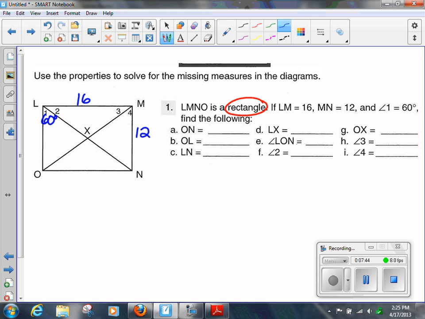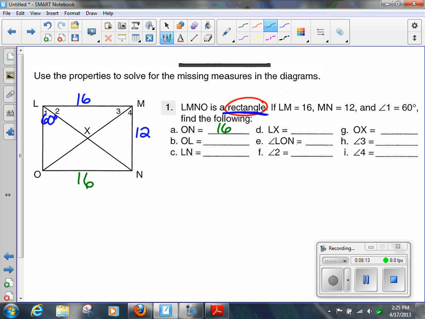I know that this is a rectangle. What are the things I know? The sides are parallel and the opposite sides are also what? They're also congruent. So that means if LM is 16, what is ON? It's 16. Fill it in here on the picture. Fill it in here in the blank.